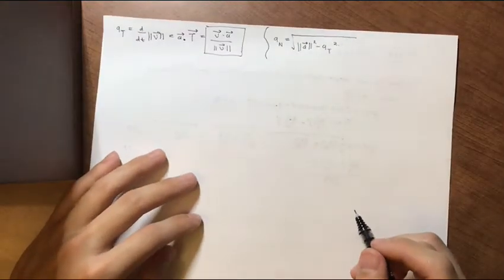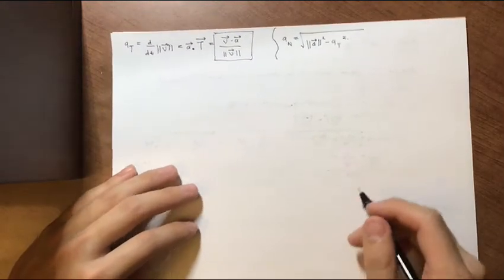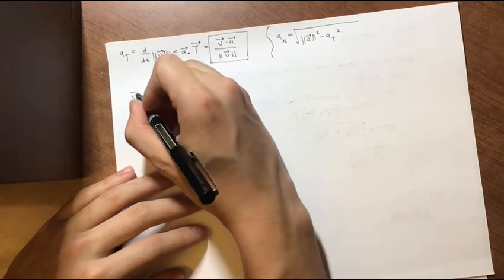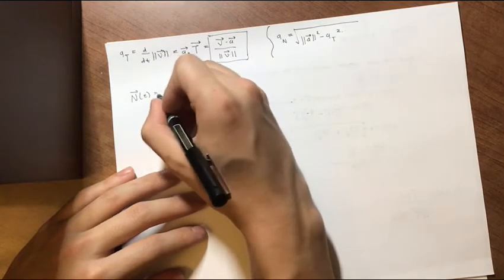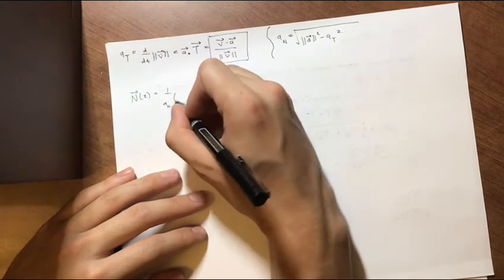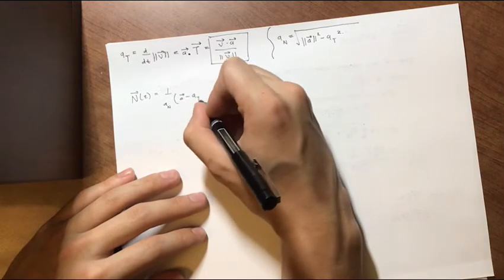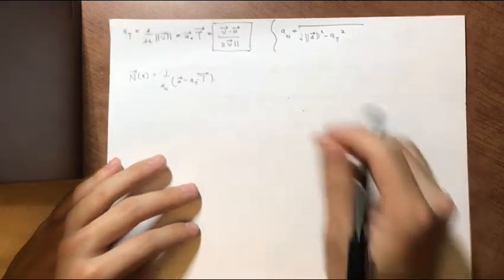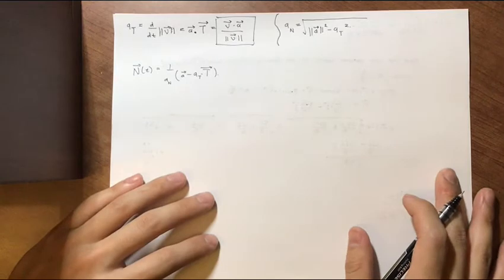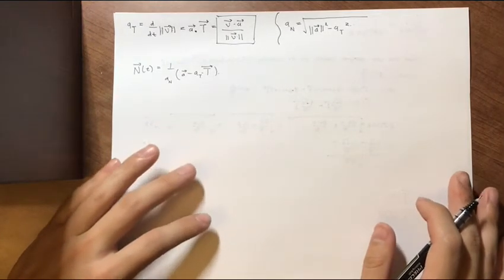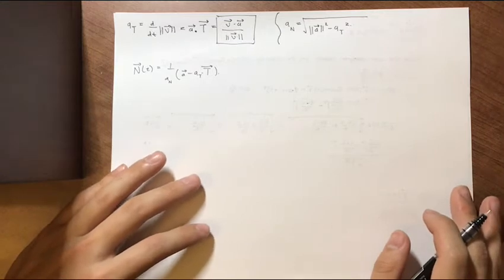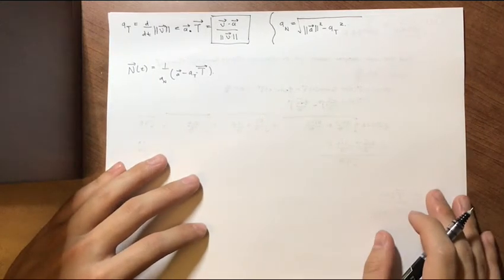The easier way to find the normal vector is given by this formula: one over the normal component times the difference of the acceleration vector minus the tangential component times the tangent vector.